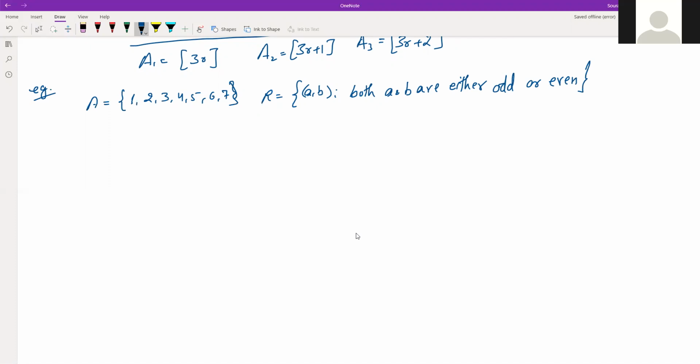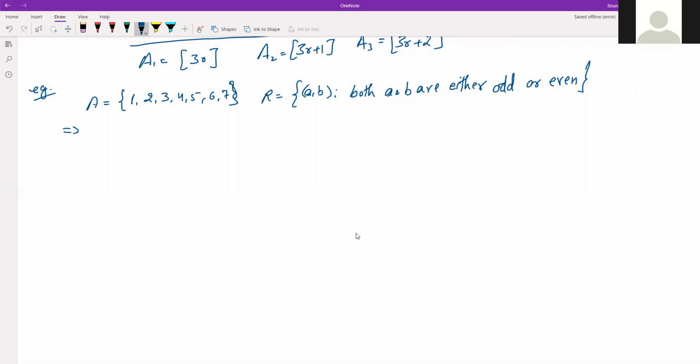So either both are odd or both are even. We have to show that this R is an equivalence relation. We will be identifying the equivalence classes later. So first things first, we have to prove that this relation is an equivalence relation.